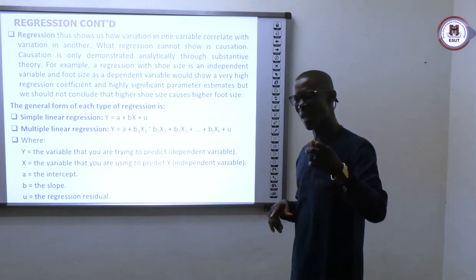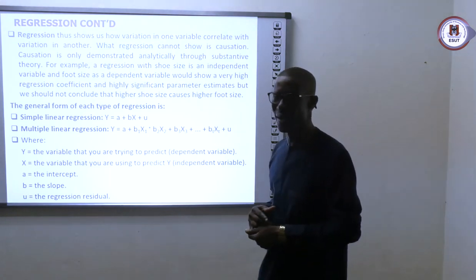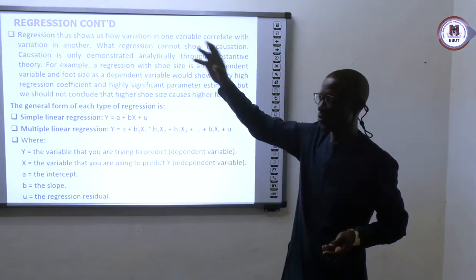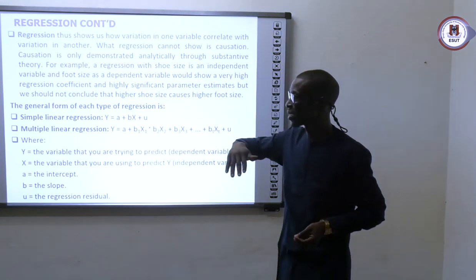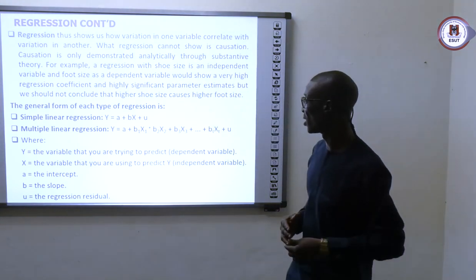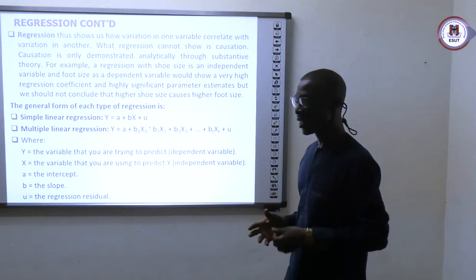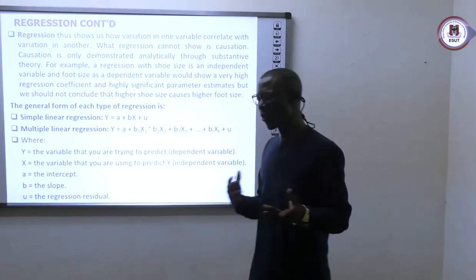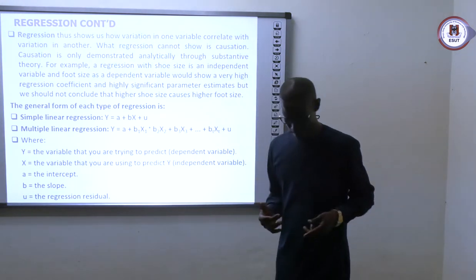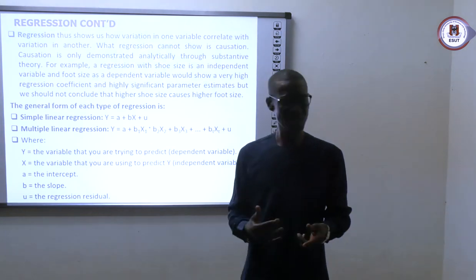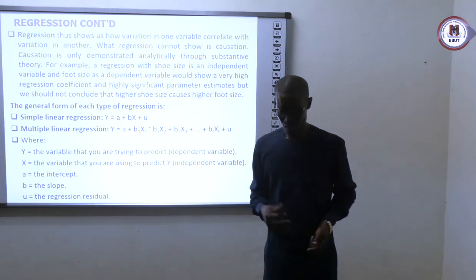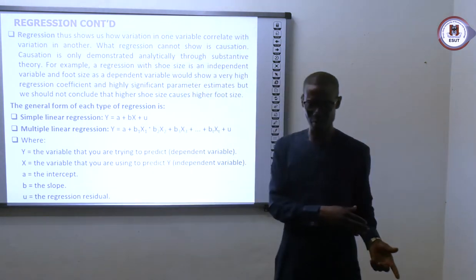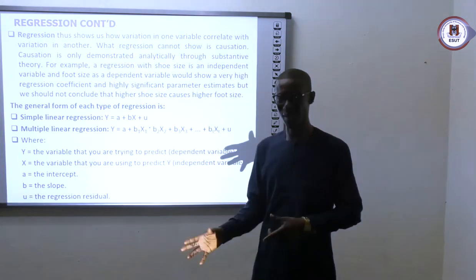But what is key when you are specifying a regression model is that there are other parameters that are not coefficients of explanatory variables. Those are the unexplained parameters: the intercept, sometimes we call it the constant, and the error term. The constant here represents a constant factor. For instance, if we say that weight affects education, it means that nothing else outside weight affects education, if we only believe that weight affects education.